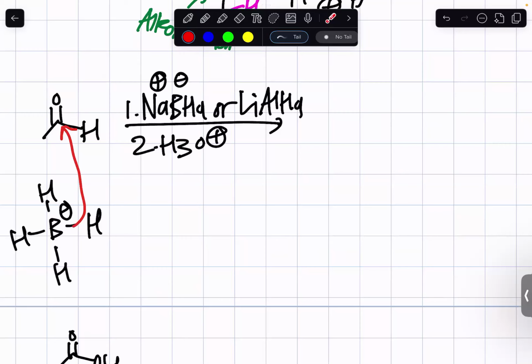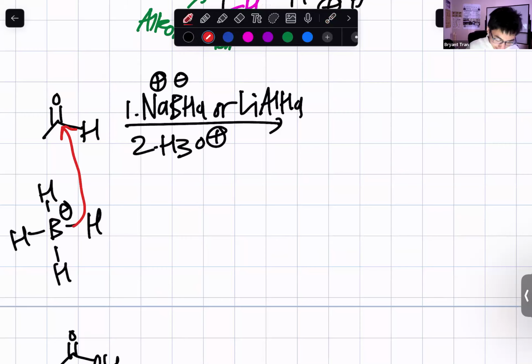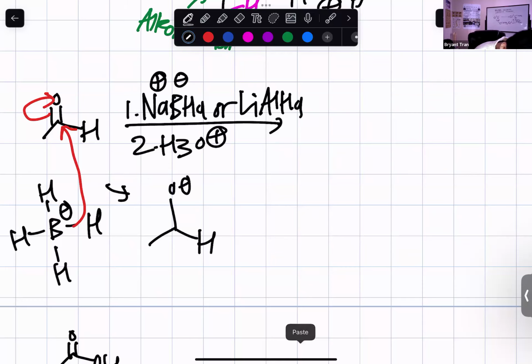What other arrow am I missing here? The double bond to the O, for the electron pair. Right. Negative charge on that O. Now, second step, acid workup.